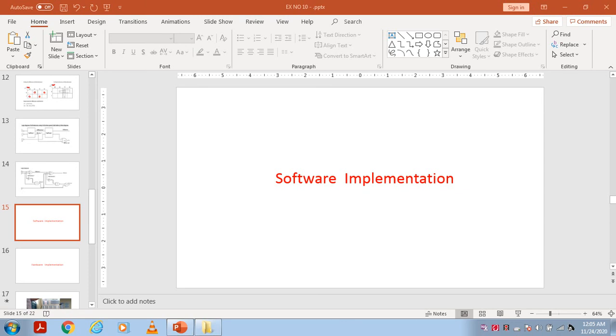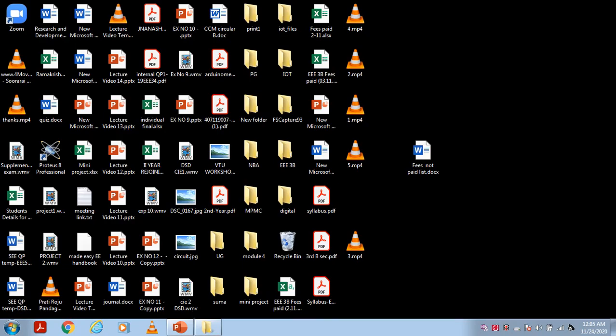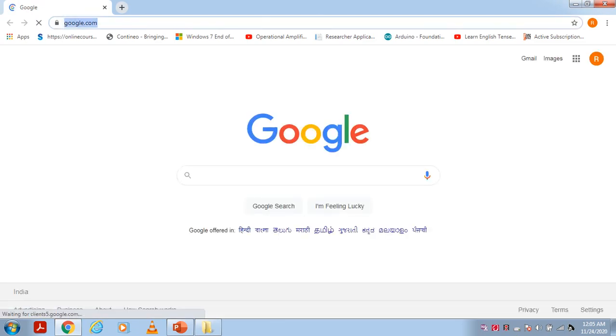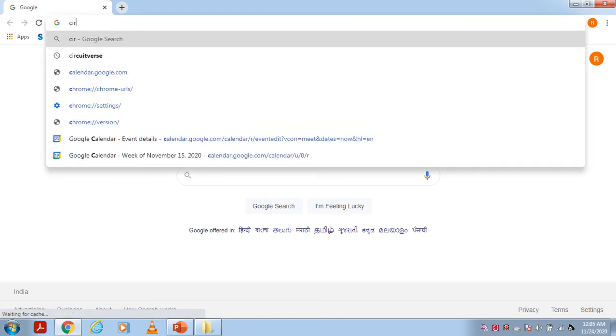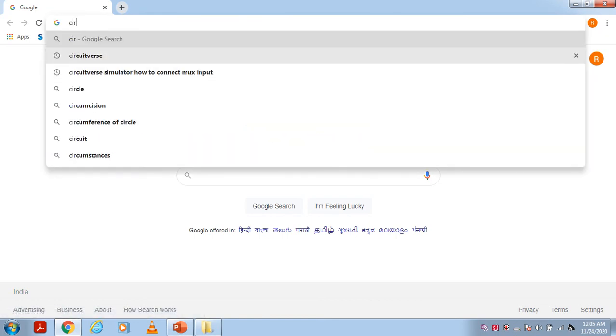I'm going to implement this circuit diagram in CircuitWiz software. It is an online simulator, CircuitWiz.